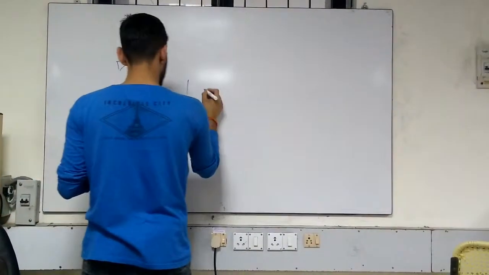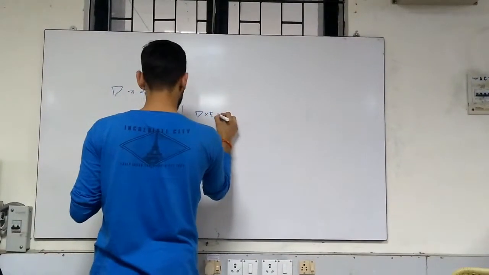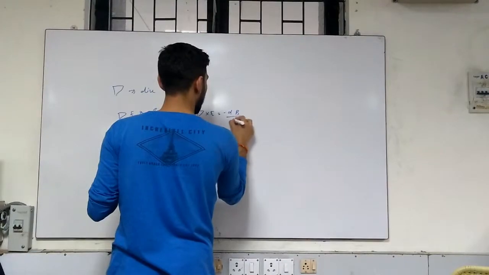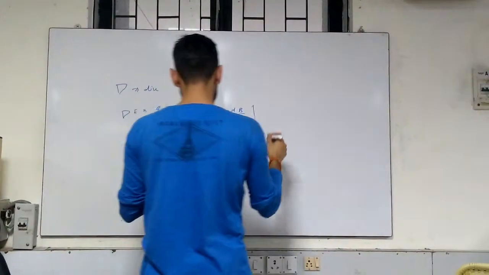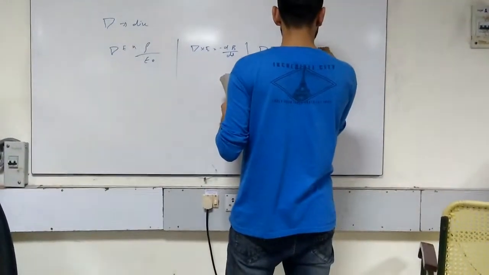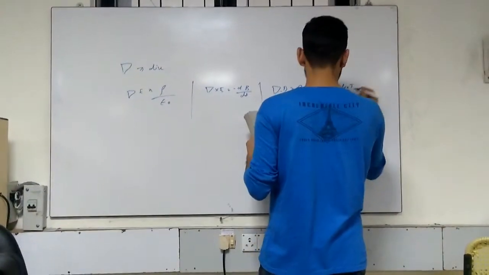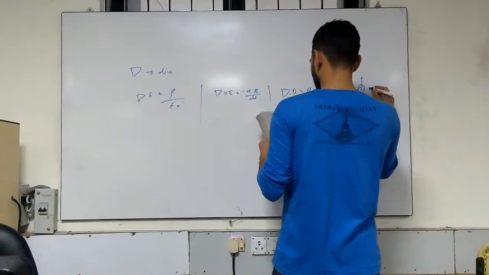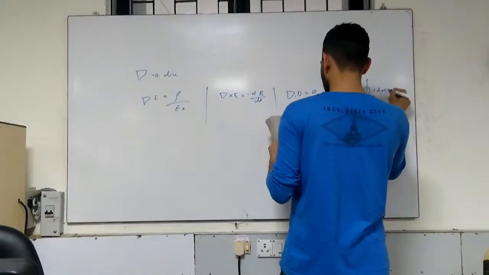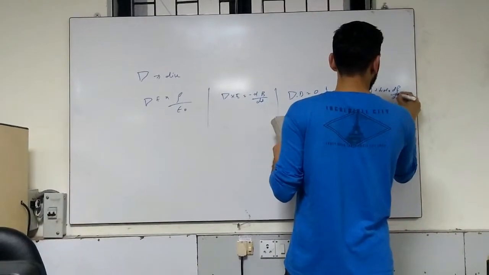Second equation, del cross E is equal to minus dB by dt. Third equation, del dot B is equal to 0, as no monopole charges are there. And the fourth one is del cross B, which is equal to mu naught J, the current density, plus mu naught epsilon naught dE by dt.